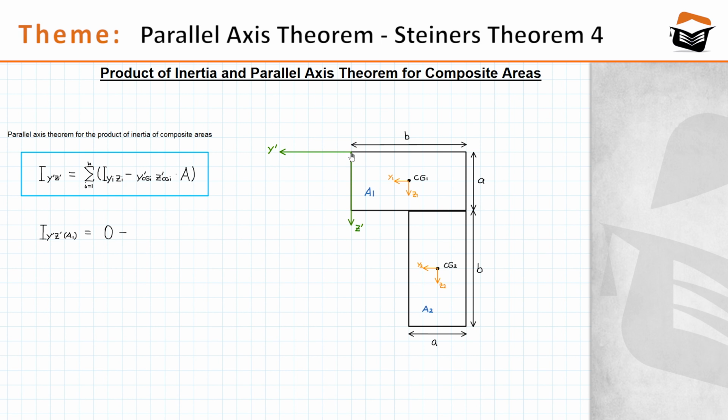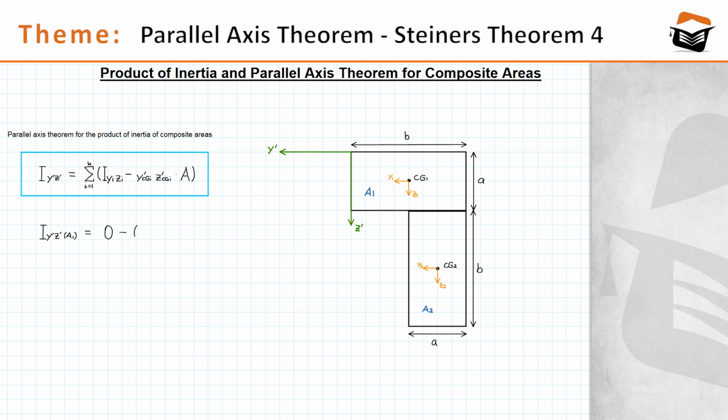So the distance between this point and the centroid along the y prime axis. And if you look closely, that distance is negative b half. The centroid is located at b half, and since that distance is in the negative y prime region, the value is therefore negative.